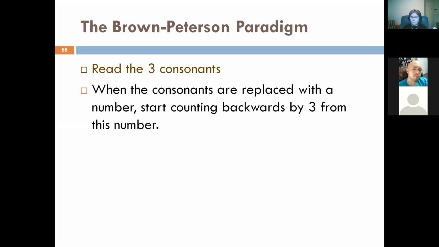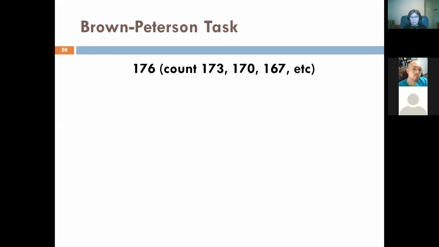Then the consonants are replaced with a number. You have to count backwards by 3 from this number. We've done that before, so it is a familiar task for you. It's an interference task. So here's an example. BPT, you have to memorize the consonants. Then you're going to get a number, in this case 176, and you have to count backwards by 3. 173, 170, 167.